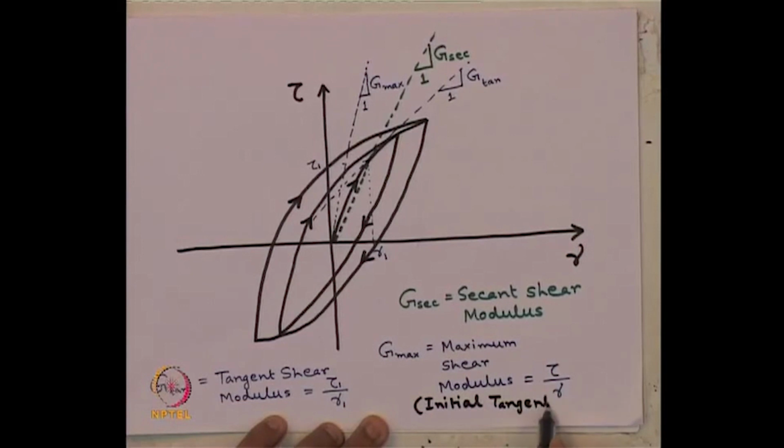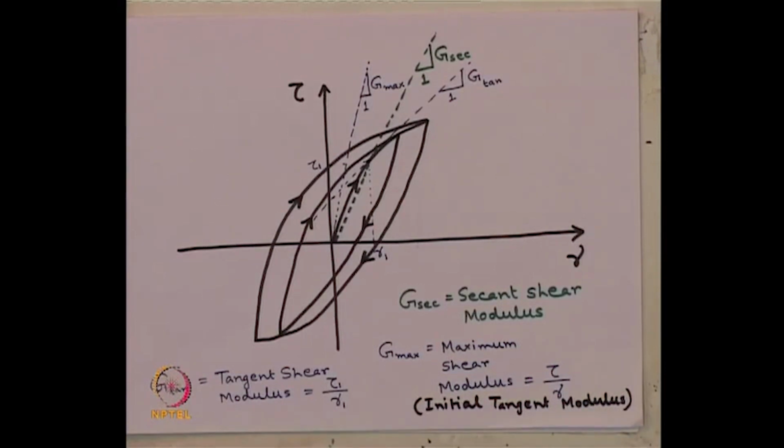Tangent modulus is nothing but G max, or maximum shear modulus. The maximum value of the shear modulus we will get if we take the value of G max at very low strain level, very small strain level.